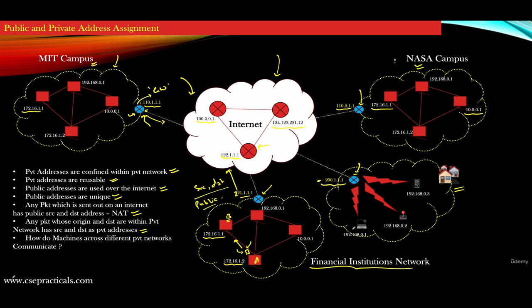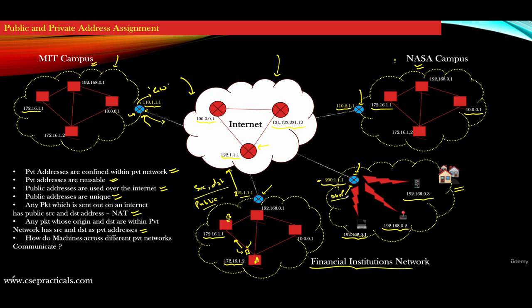Whereas if you notice, all your machines, that is your laptop, your gaming equipment, your mobile phone, they all have private addresses assigned. And these private addresses are assigned by this Wi-Fi router to each of your devices using protocols such as the DHCP protocol, which we are going to discuss in some other course.